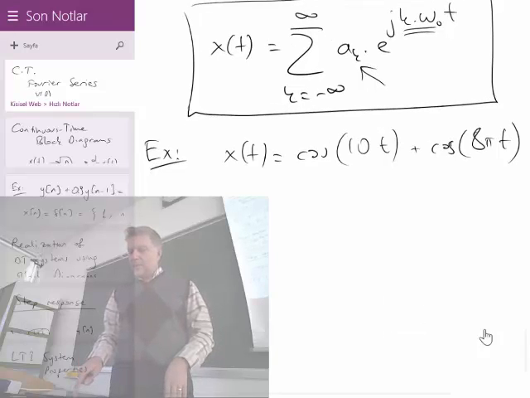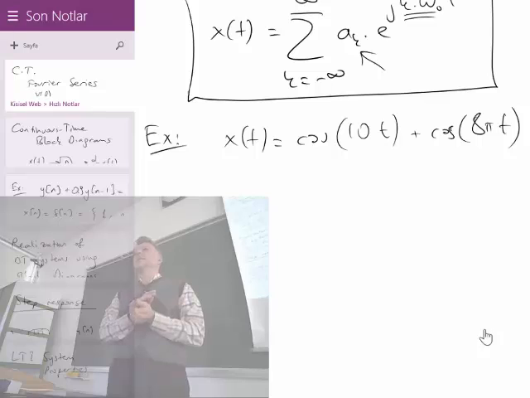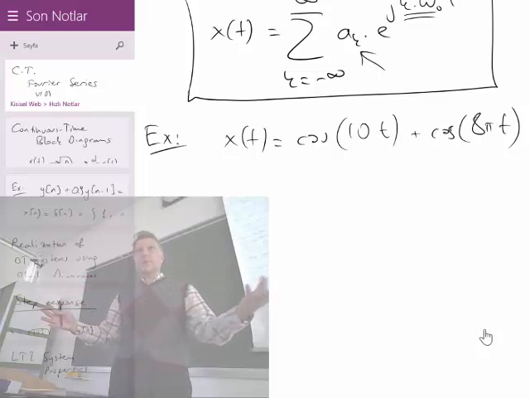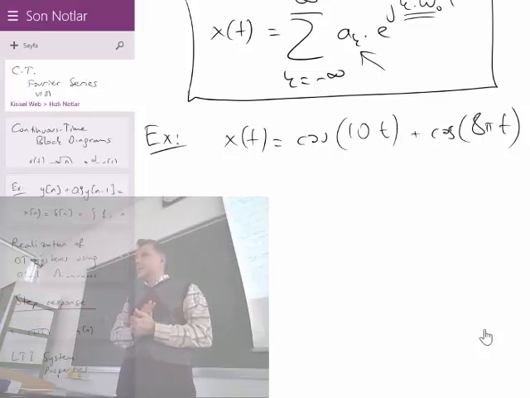Last week we started with some simple sinusoids, and the way to determine the Fourier series representation of sinusoids is simple. You have to just expand the cosines and sines using Euler's formula, all right? And then, well, the representation is there. It's simple.